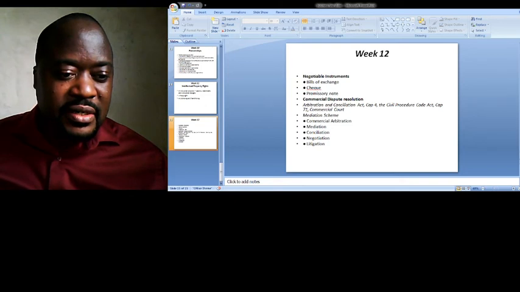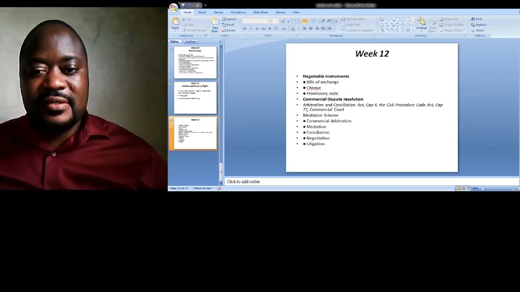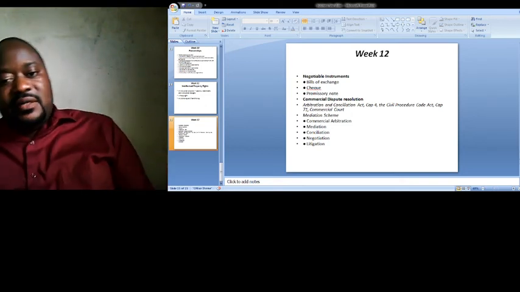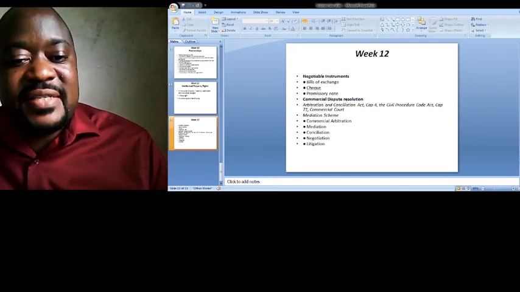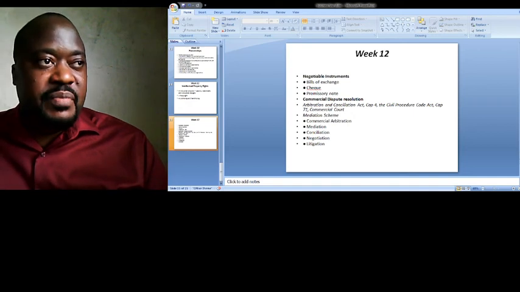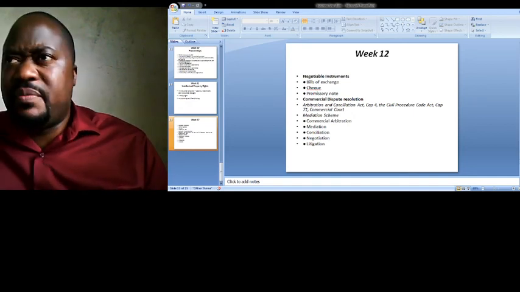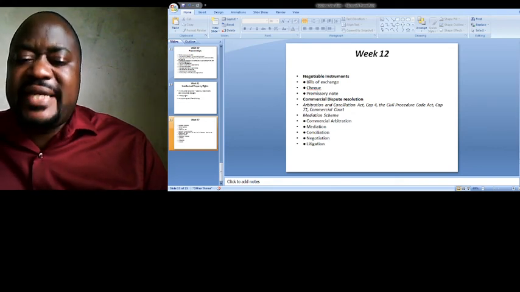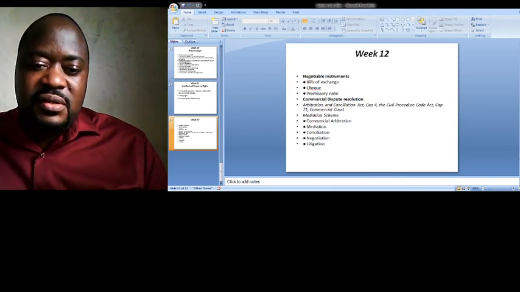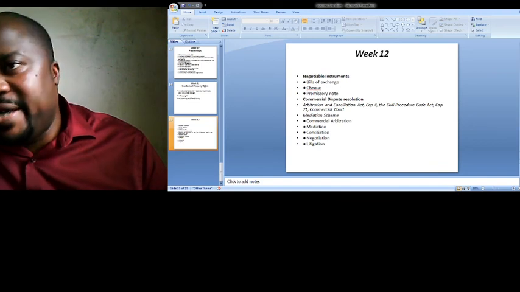And then we'll also look at, in our last week, if time allows, what I've termed as negotiable instruments. Whenever you hear negotiable instruments, that is banking language. That is the law on banking.